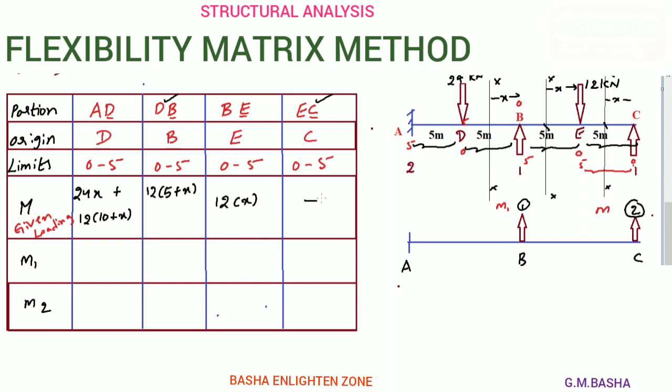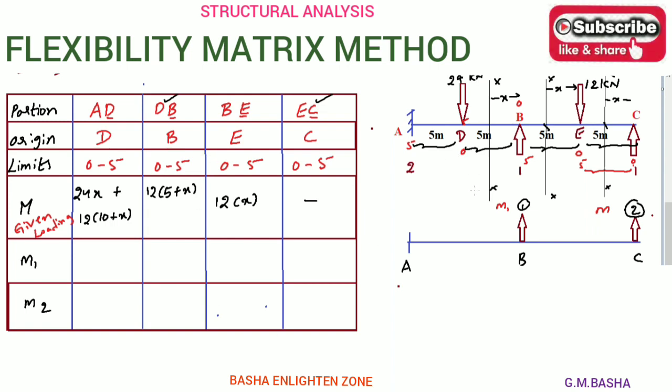M is based on the pure loading conditions. So please consider a section in the portion AD and resolve the entire forces, whatever acts on the right side of that particular span. And again in the DB position, please consider a section XX from the origin point, and again consider all the forces up to that section XX.